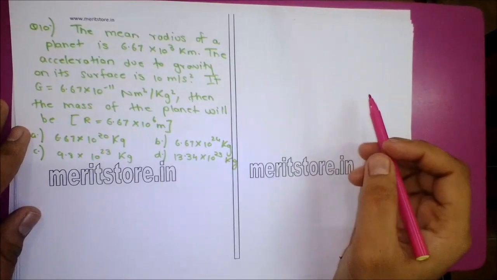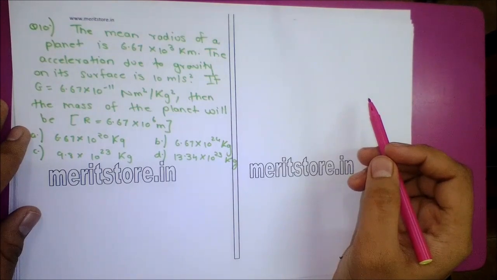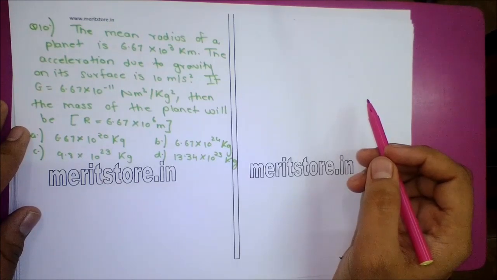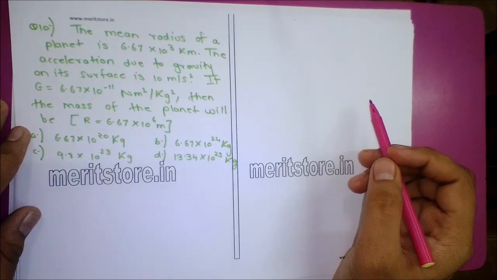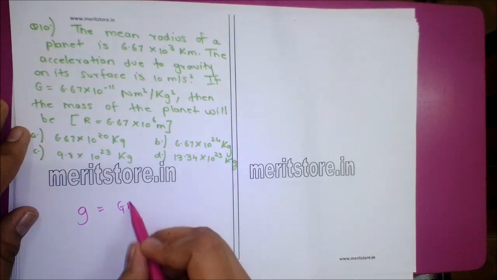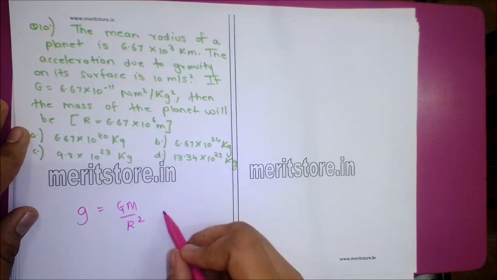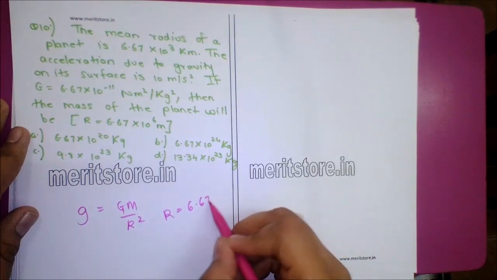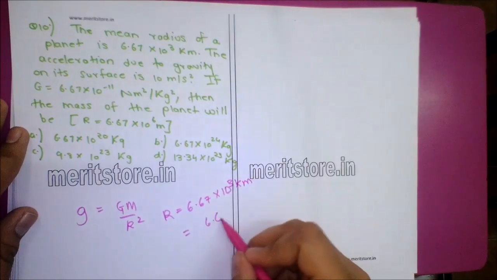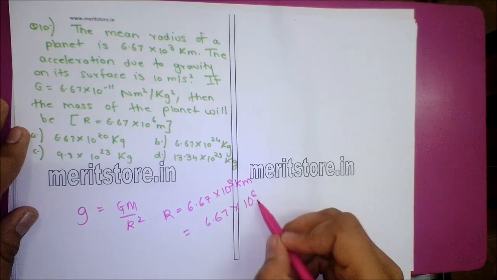Question 10. The mean radius of the planet is 6.67 into 10 raised to 3 kilometer. The acceleration due to gravity on its surface is 10 meter per second square. If G is equal to 6.67 into 10 raised to minus 11 Newton meter square per kg square, then the mass of the planet will be. Now we know g is equal to GM upon R square. Value for R is given as 6.67 into 10 raised to 3 kilometer, which is equal to 6.67 into 10 raised to 6 meter.